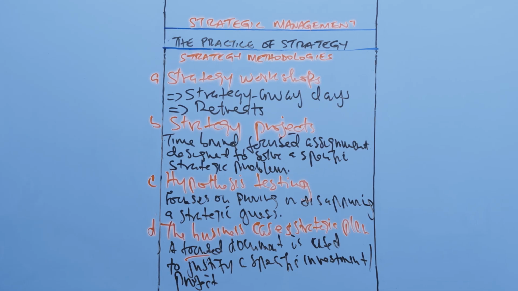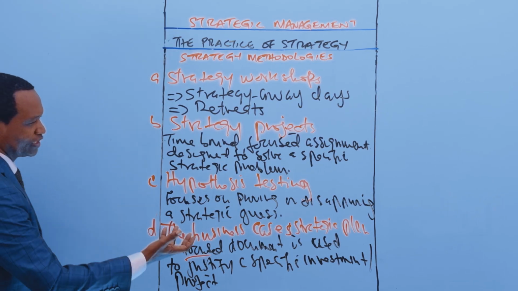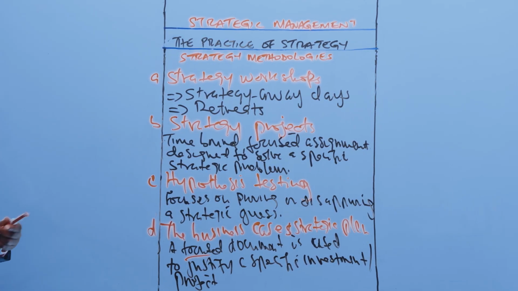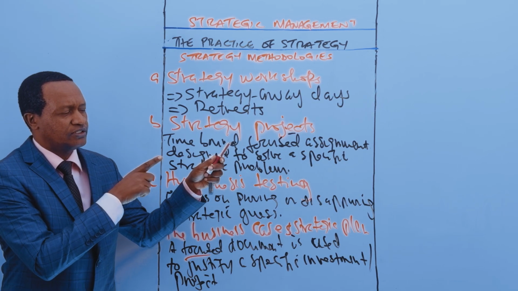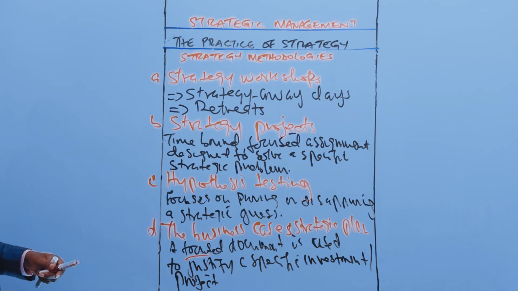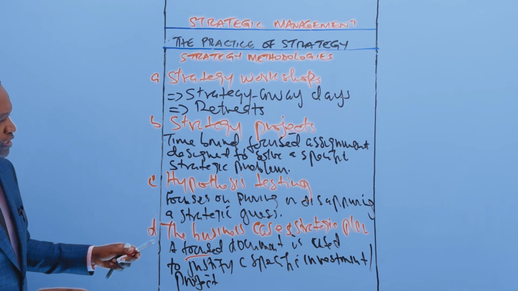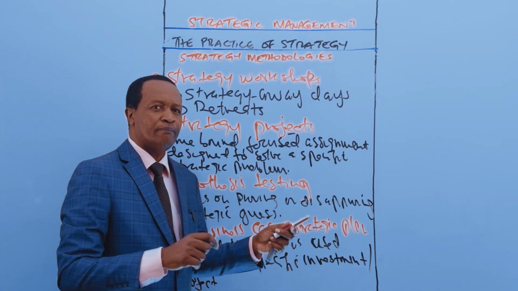Strategic planning will also have resource allocation and the key performance indicators, and so on. The purpose of a strategic plan is to have a roadmap for the entire firm and align all the value chain activities towards achieving that one vision or mission. That is another strategy methodology. Business case, and there is also another one, the strategic plan.